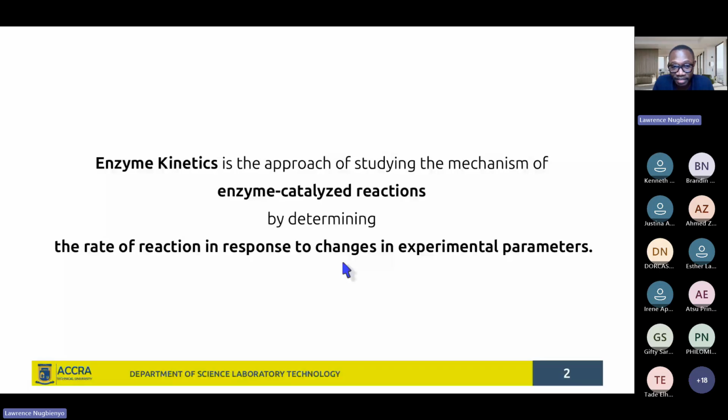That is how you can determine how the enzyme activity is influenced by these parameters. When you do that, what you are doing is what you refer to as enzyme kinetics, or you're just doing some kinetic studies on enzymes.